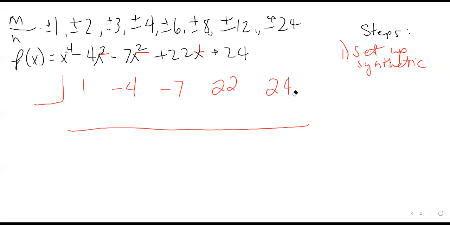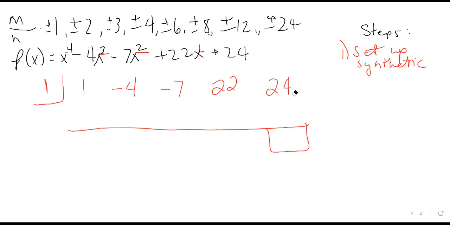Okay. And now the most annoying part of this rational zero theorem is I have to go factor by factor until I get 0 in that remainder at the bottom. So we're going to just start with 1. Always start with 1. You usually find it within the first 3 or 4 terms.